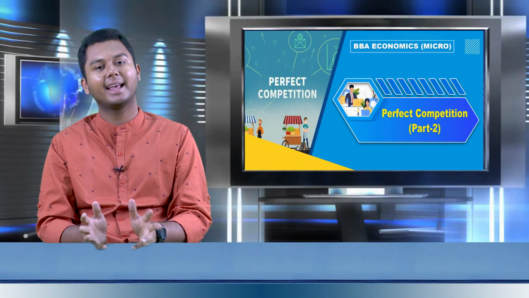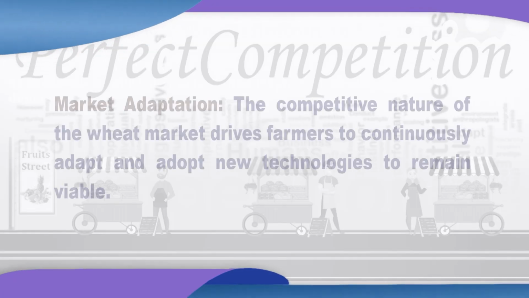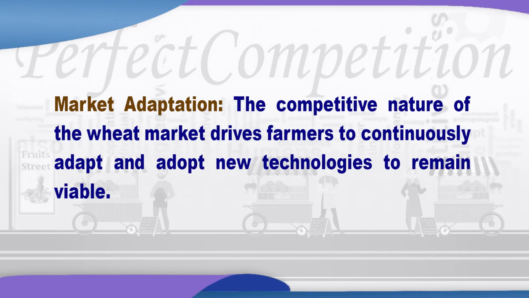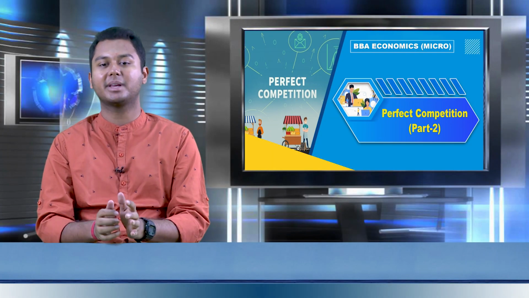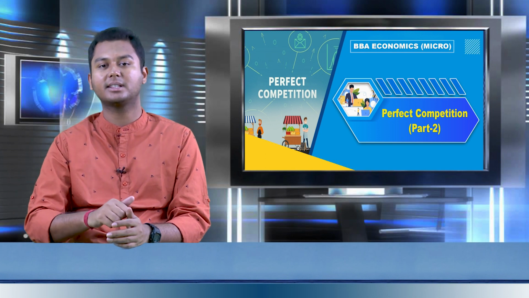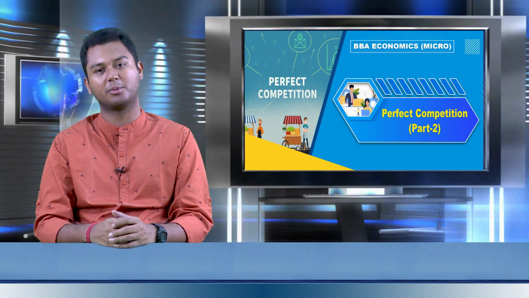These innovations help farmers reduce costs and improve yields. The competitive nature of the wheat market drives farmers to continuously adapt and adopt new technologies to remain viable. This fosters a certain degree of dynamic efficiency, although the pressure to minimize costs can sometimes limit long-term improvements in innovation.